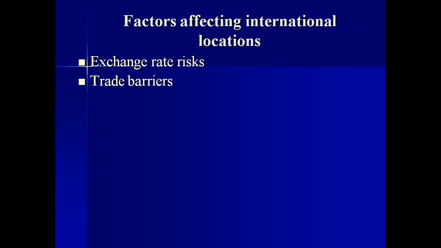Okay, but if there are trade barriers, it will be expensive for you, or you may not be able to do it, because trade barriers could be an embargo. Embargo is a complete ban. Complete ban means you cannot shift your resources there at all, because that country does not want you to transfer your resources over there.